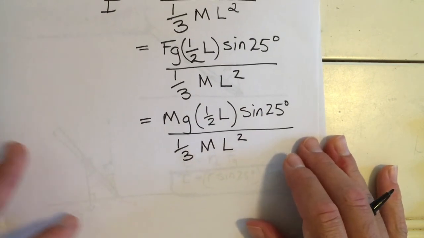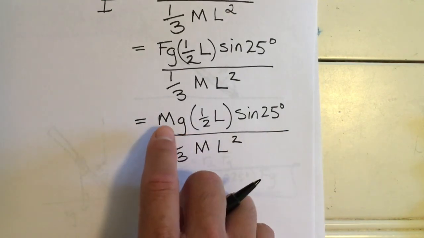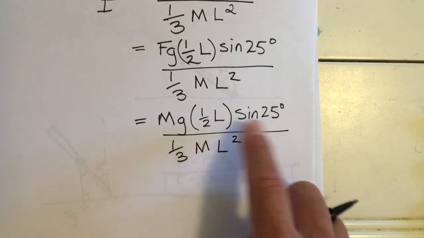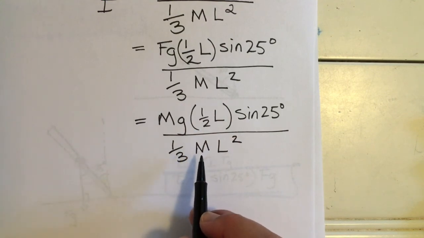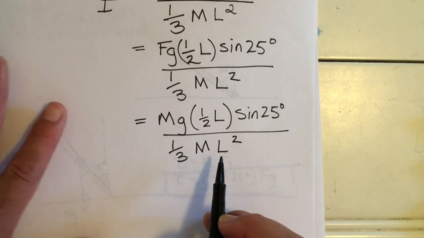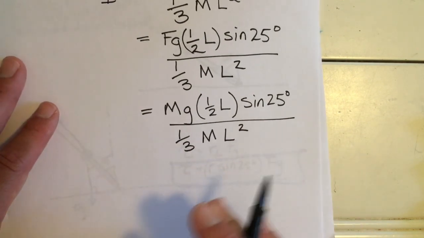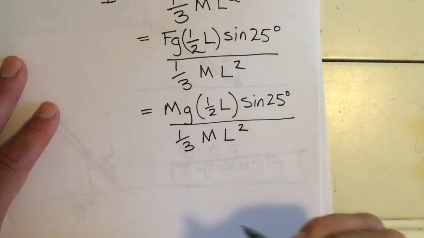So we have two options here. The easy option is just to put numbers in now for everything: 79, 9.81, 5.9 meters, 5.9 meters squared. I think a cooler thing to do here is just to simplify. It's way more fun, and we can make this even simpler looking.